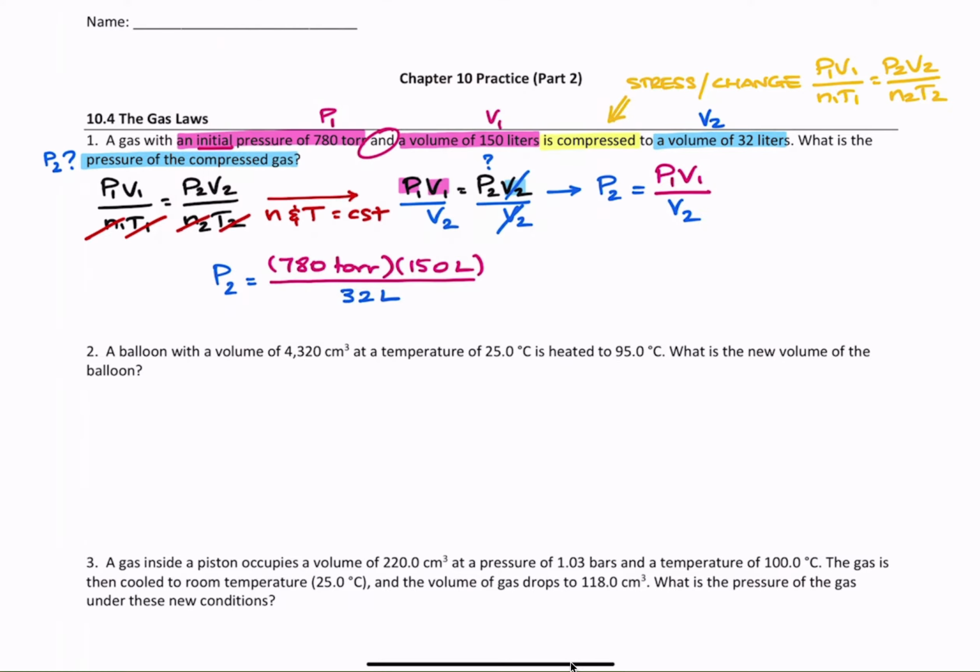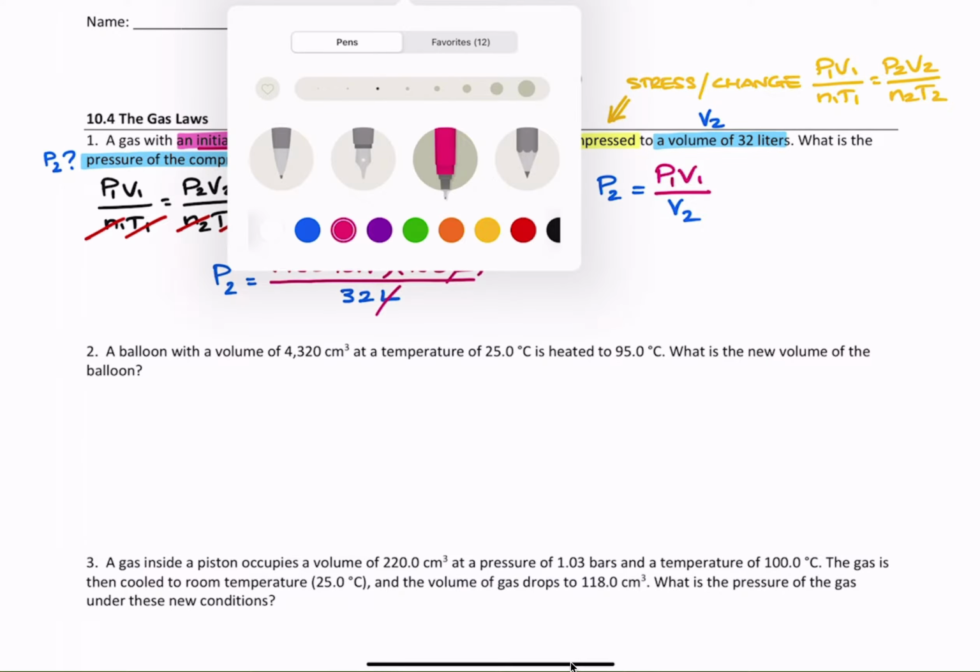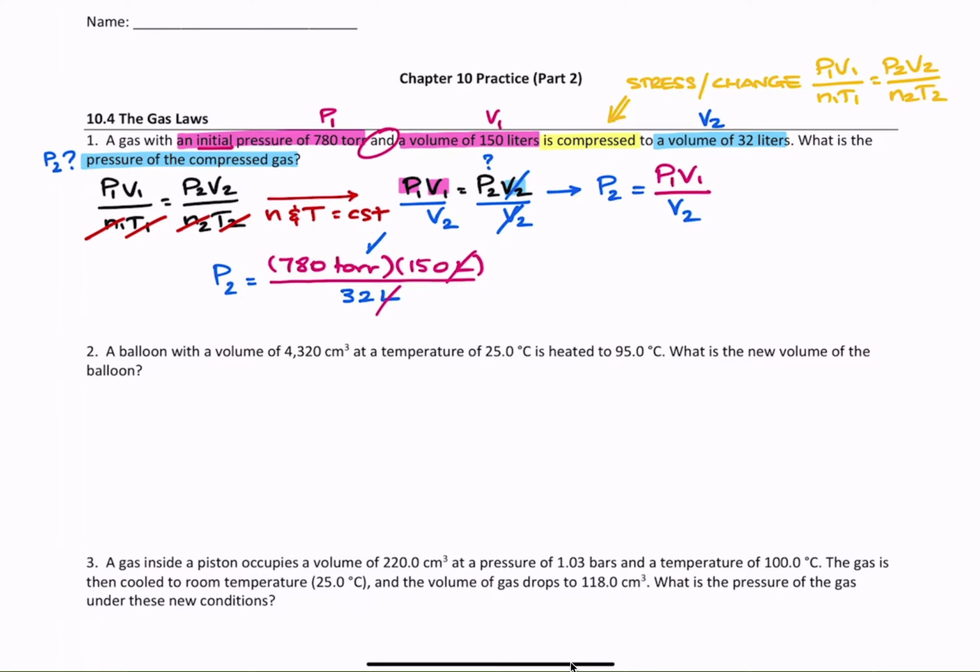Check that your units cancel properly. You're left here with a unit for pressure. When you plug this into your calculator, you get an answer of 3.65625 times 10 to the third torr.